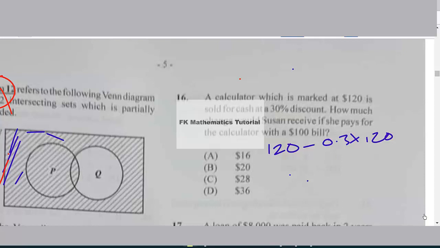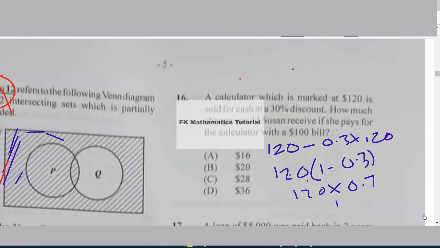Good. Now this is the same as 120 times 1 minus 0.3. And this is the same as 120 times 0.7. And what would that give us?